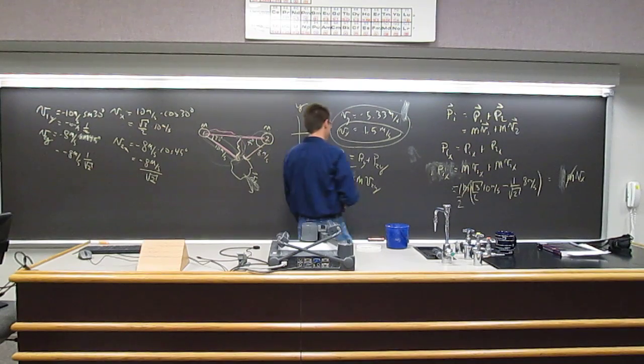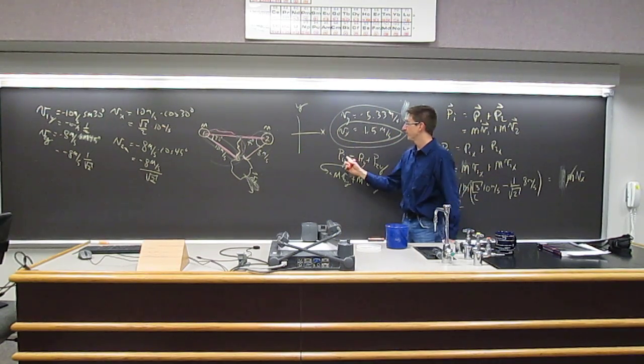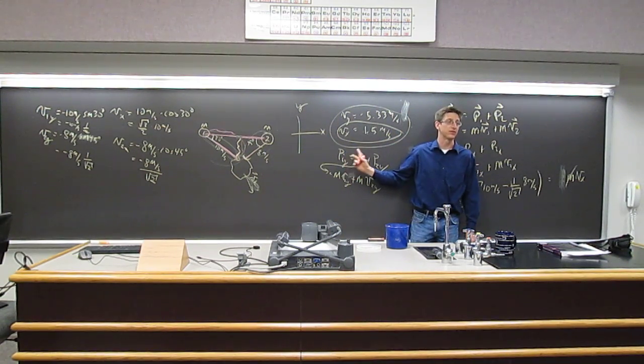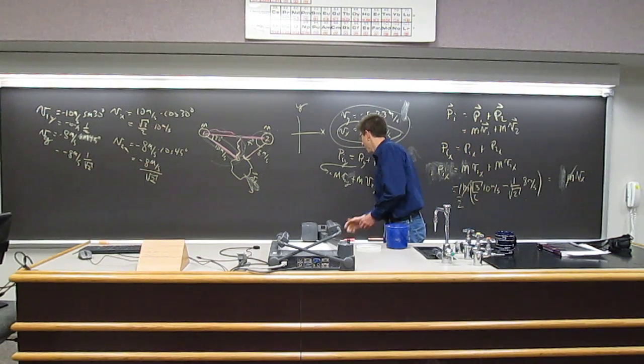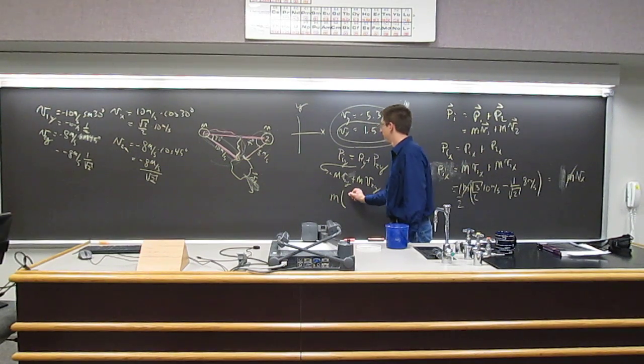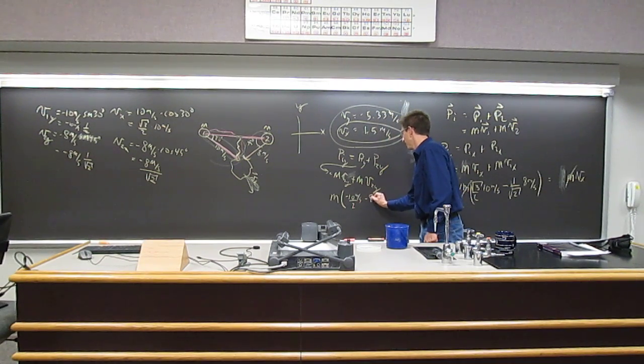I take those and plug them in here. I know the initial momentum in the y direction is going to be the final momentum in the y direction. So I can say m times negative 10 meters per second over 2, negative 8 meters per second over the square root of 2.